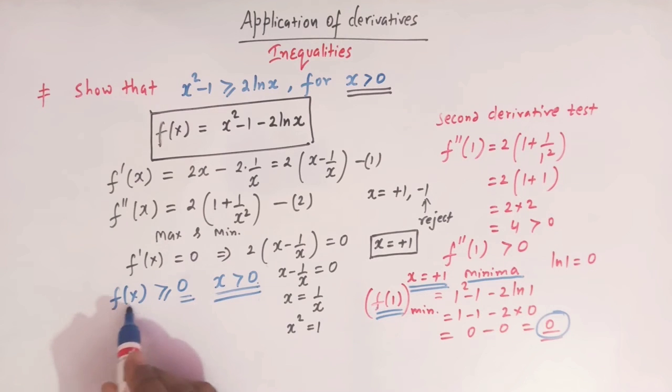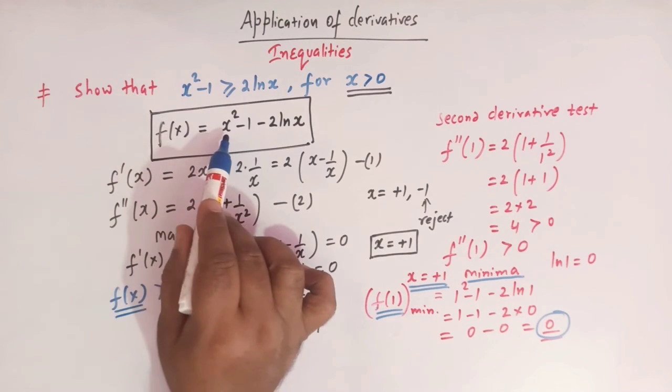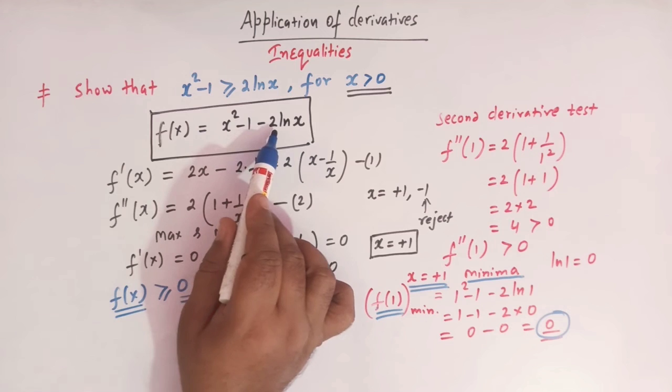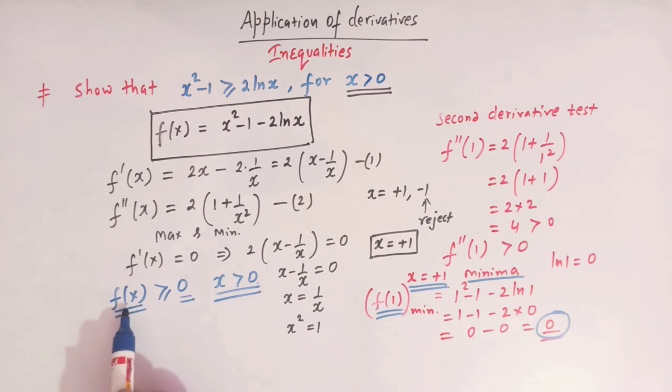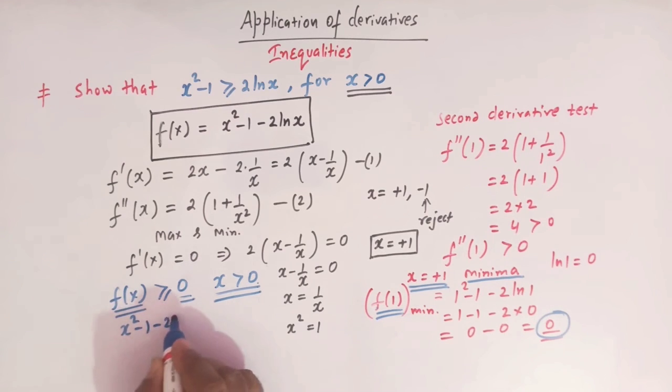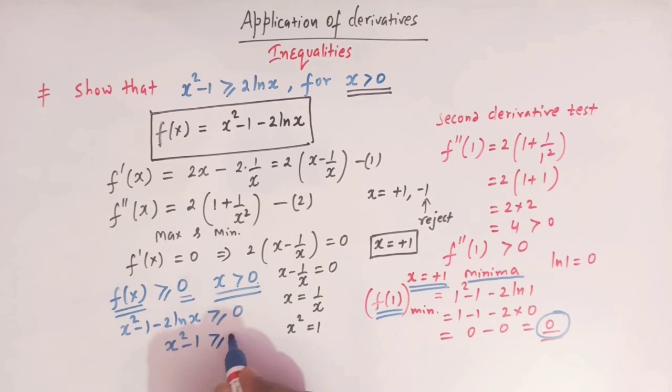So now if we take f of x as x square minus 1 minus 2 times log of x, let us see what we get. We have x square minus 1 minus 2 times log of x greater than or equal to 0. So we can now write it as x square minus 1, taking this term to this side, greater than or equal to 2 times log of x, right?